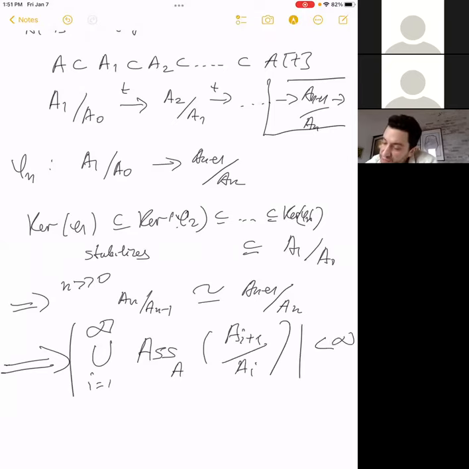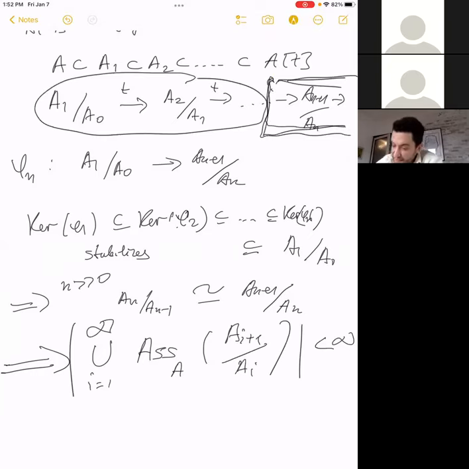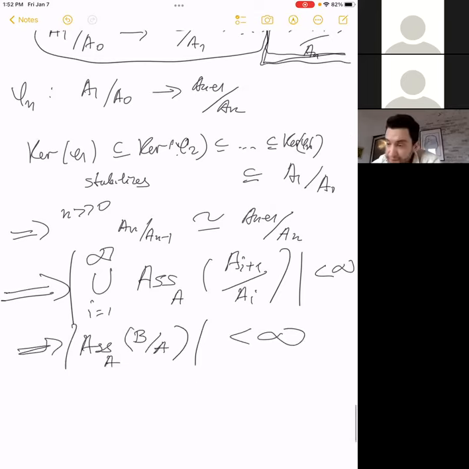Because all these modules that appear in this infinite sequence are isomorphic, this set of associated primes is governed by this part and by this part, and there are finitely many of those. And from here, one concludes that the set of associated primes is finite. So this is the proof of this key proposition.